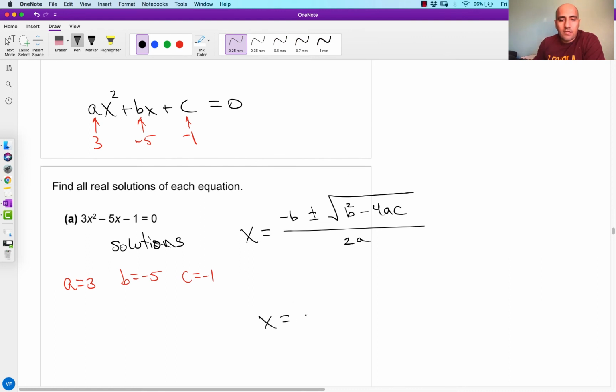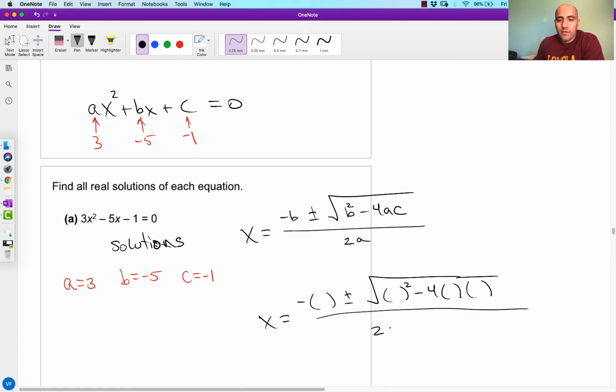So x equals negative blank plus or minus the square root of something squared minus 4 times something, all over 2 times something. And so the b was a -5. Now be careful that the formula has its own sign.